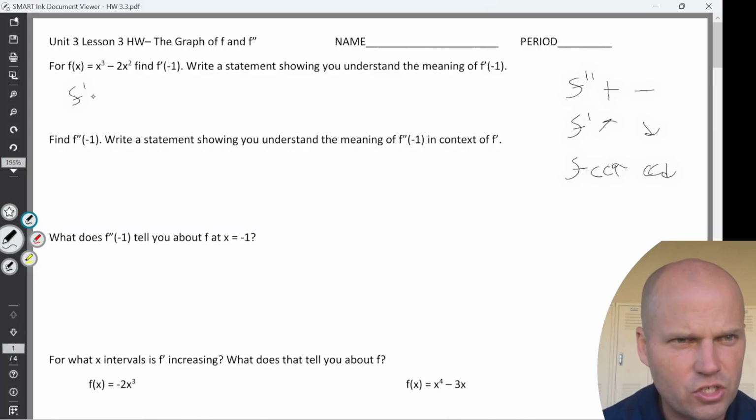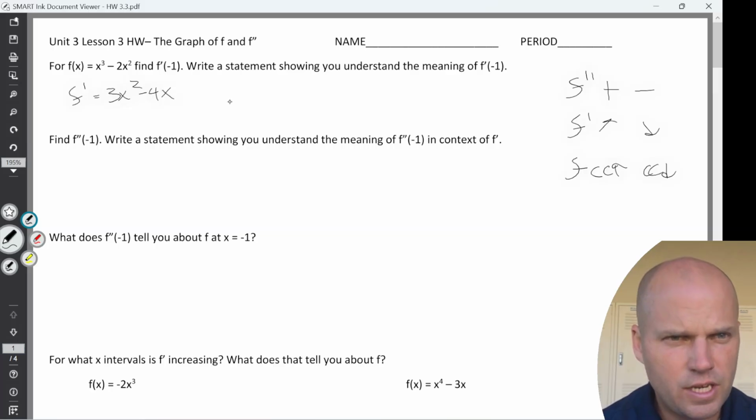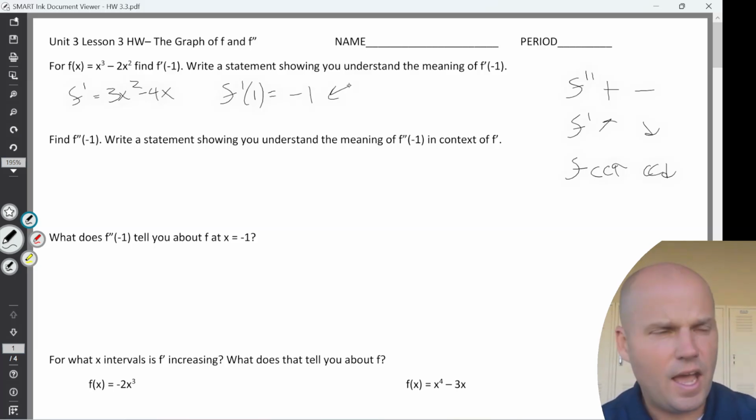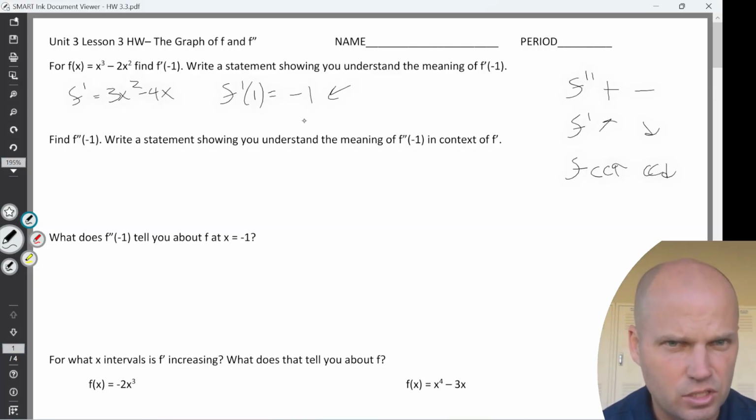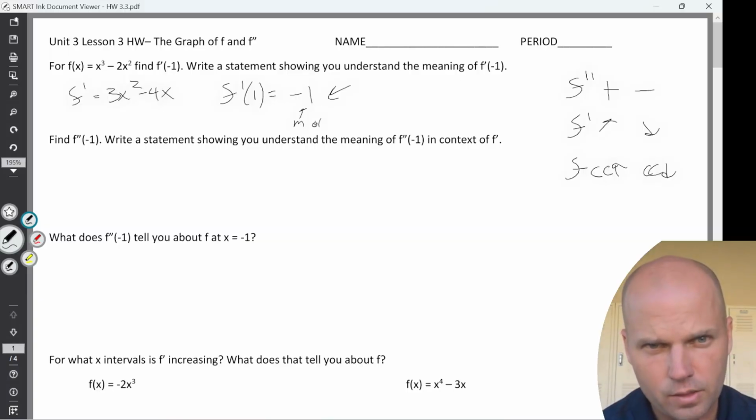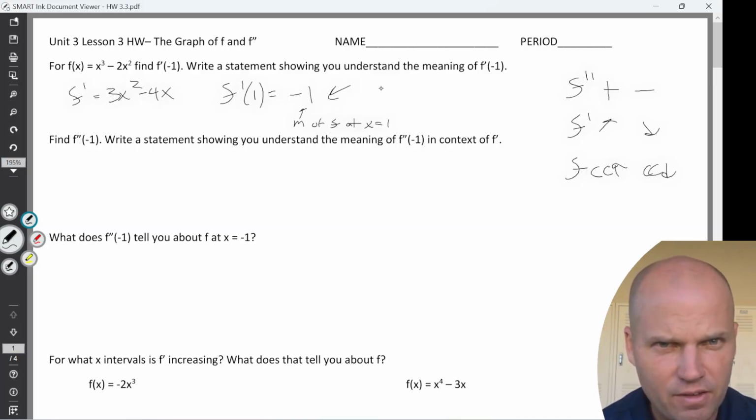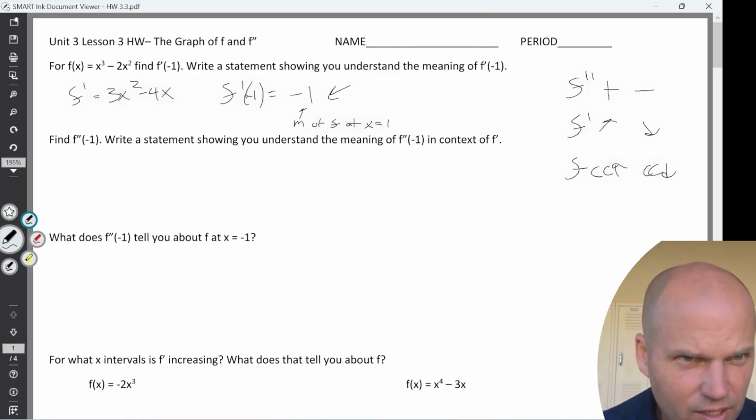So we've already understood that a slope tells us if something is increasing or decreasing. F prime is the slope of f at 1. It's telling us, oh, what's -1?